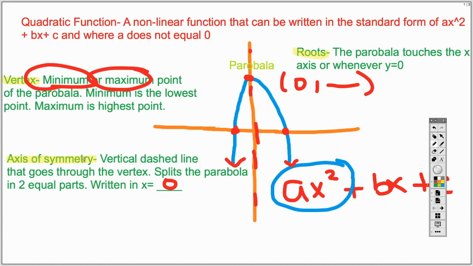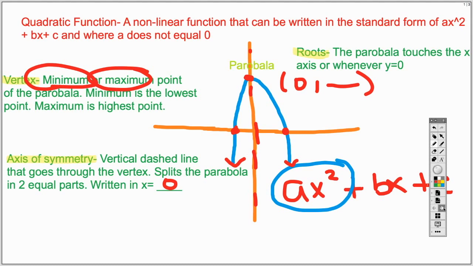Then we have our axis of symmetry. It's the point where, if I fold the parabola in half, it would result in 2 equal parts, symmetrical and lining up perfectly.